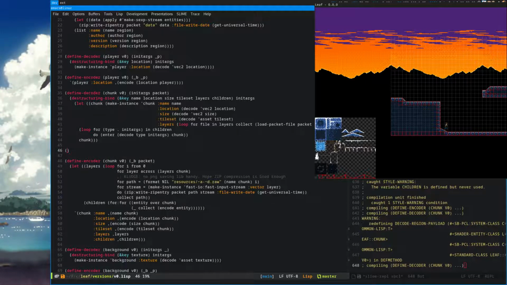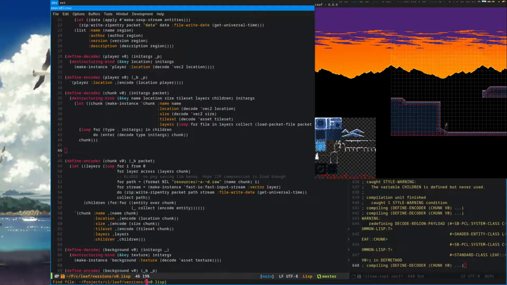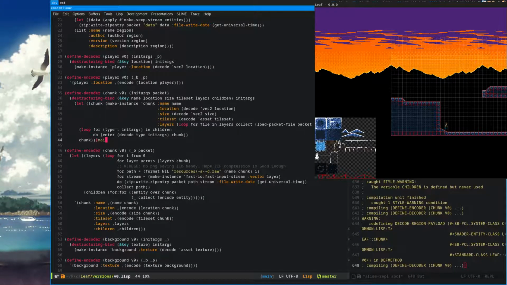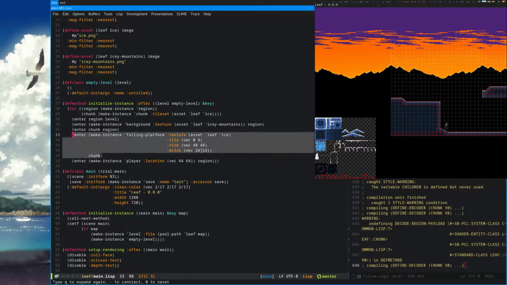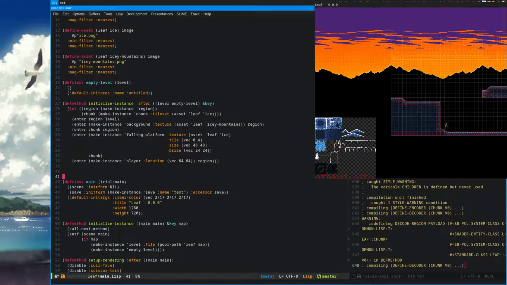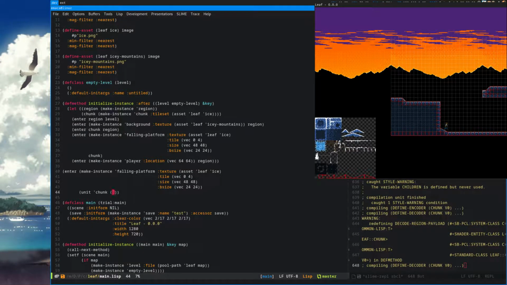Actually, I don't need the context. Enter. Make instance. Let me just copy this. Unit chunk. Unit.